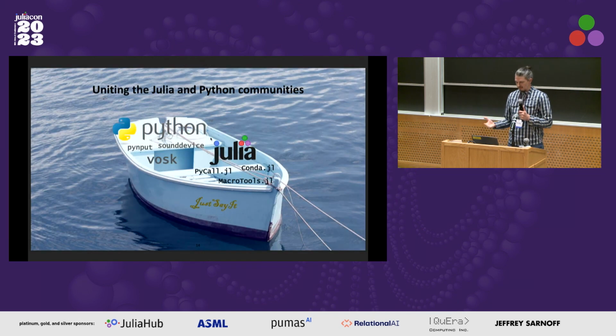And I said we want to unite the Julia and Python communities by using Python functionality, in particular what you see in the middle there, Vosk. It is a C++ library with Python bindings, which is doing the heavy lifting in the back. It's doing the voice recognition.